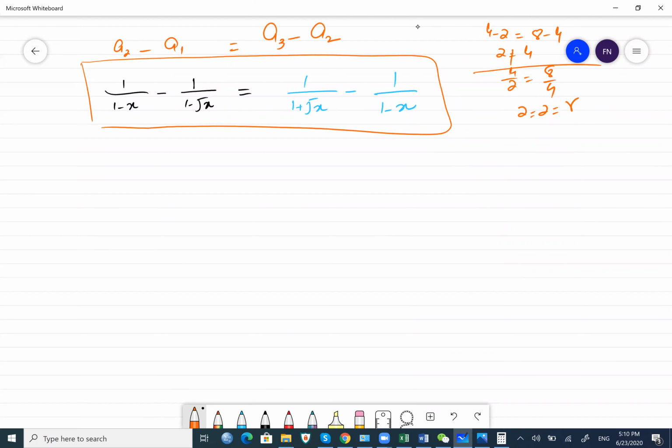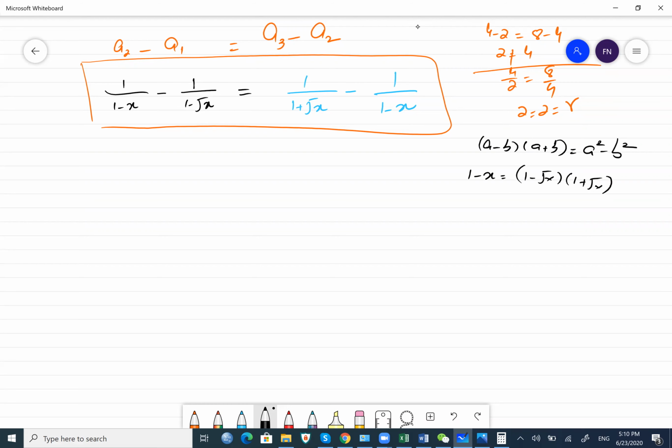Exactly. Now, apparently they are not the same, but if I do some algebraic simplification, you will see they would be the same. How? Do you know this formula? (A minus B)(A plus B) is equal to A square minus B square. So similarly, 1 minus x, I can write as (1 minus square root of x)(1 plus square root of x).